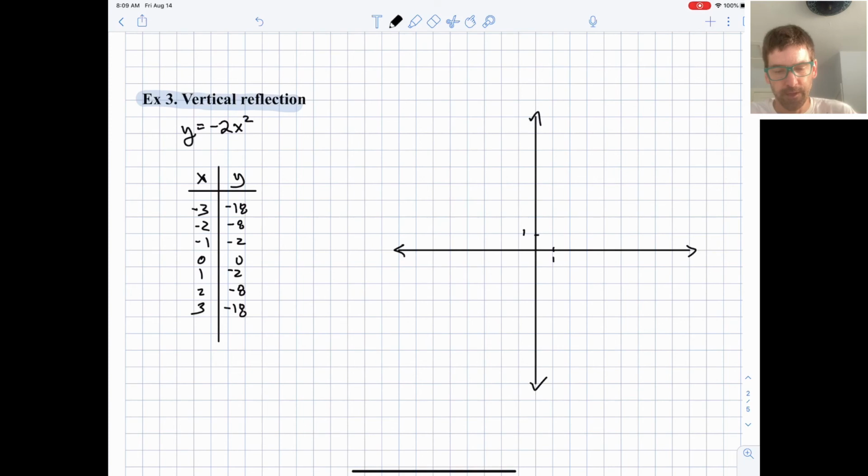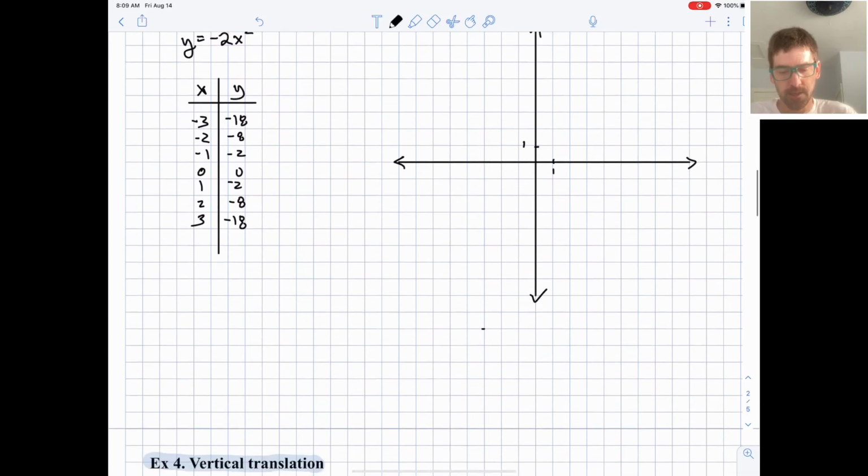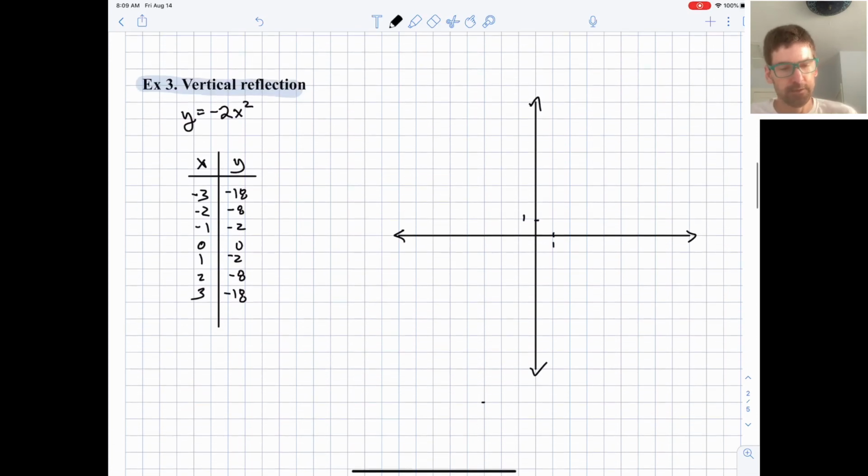So -3 and down 18, 1, 2, 3, 4, 5, 6, 7, 8, 9, 10, 11, 12. Let's change our scale. Let's have this be 2. 2, 4, 6, 8, 10, 12, 14, 16, 18. And same for +3. -2 goes down 8, 2, 4, 6, 8.